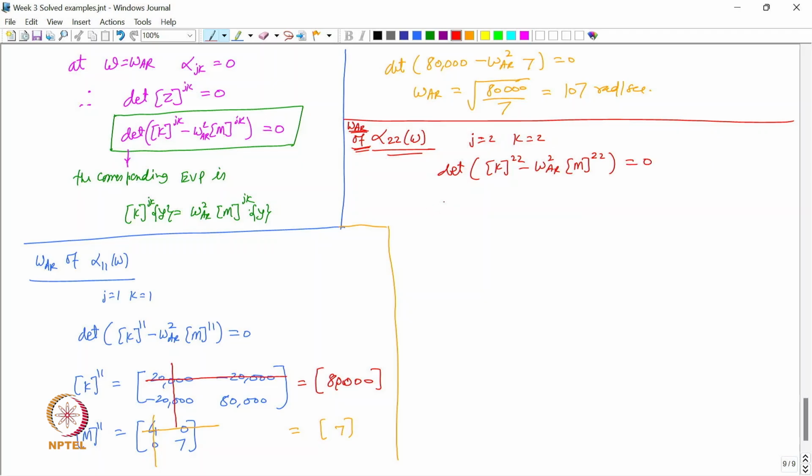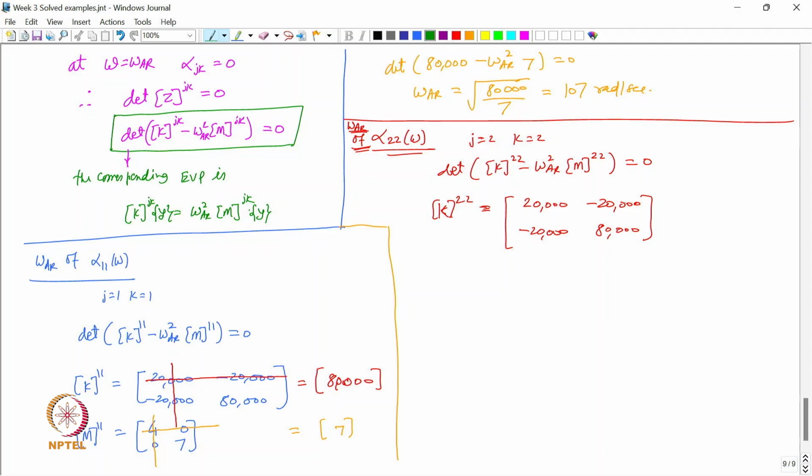So, now we can easily see from the matrix that for K22, if we remove the second row and second column, correct, then let me write that here. You have 20,000, minus 20,000, minus 20,000 and 80,000, correct.